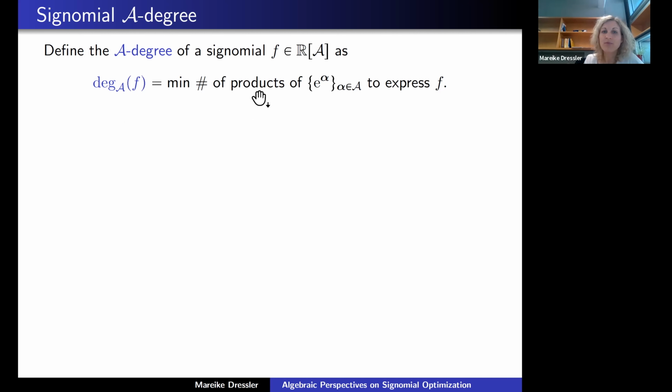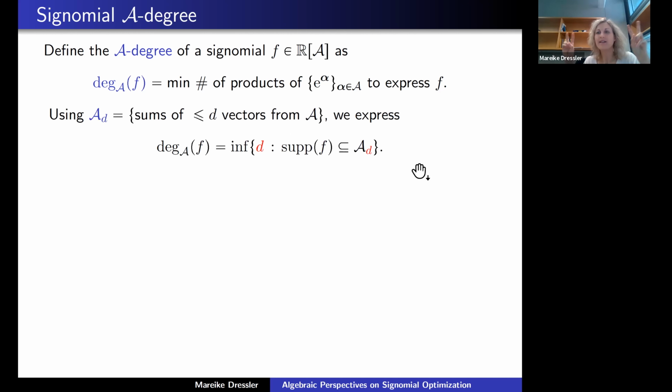Possibly I can take non-distinct basis functions, but this is just the smallest number of products I need. More formally, I introduce this set A_D. This is the set of sums of at most d vectors from A. And then I can write my A-degree more fancy like so. This is the smallest integer d such that the support is in this fancy set A_D.